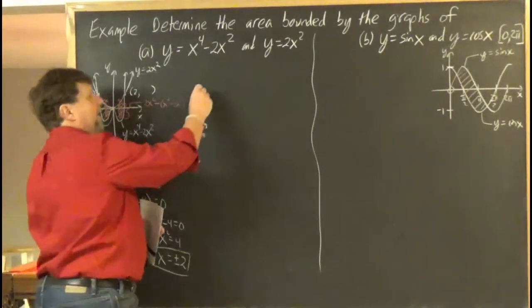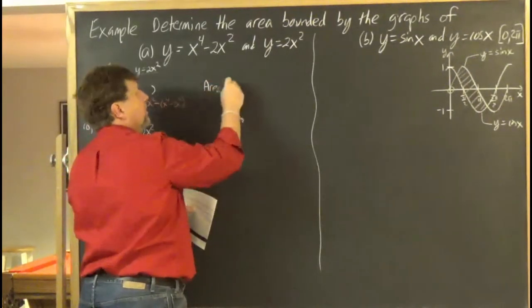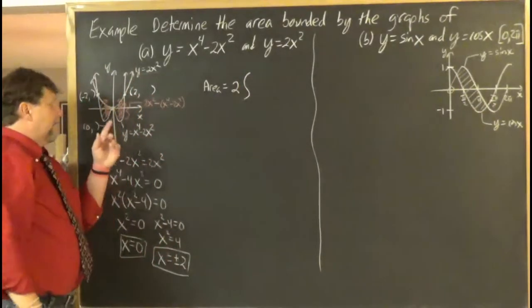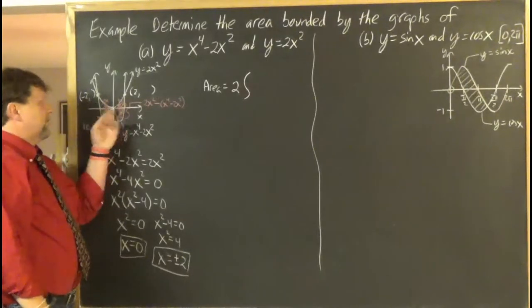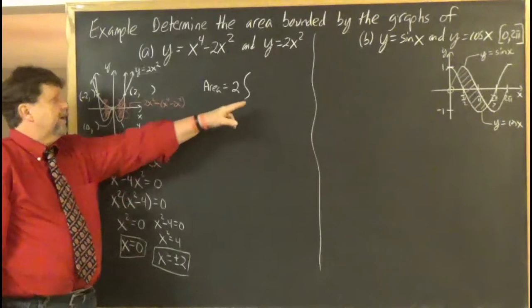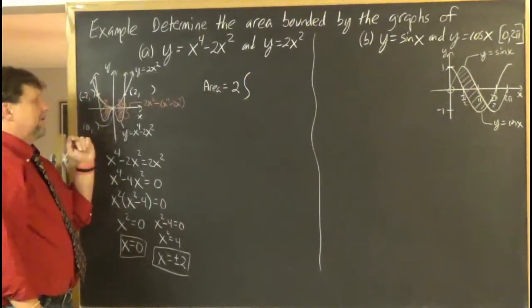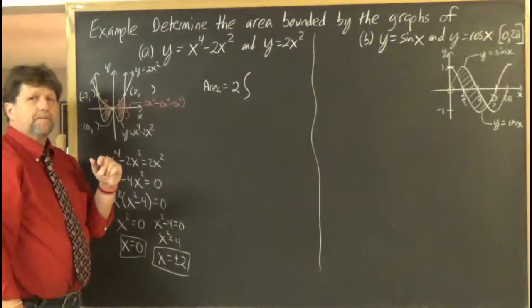So the area is equal to 2 times, I can find the area of this region and multiply it by 2 to get the total area. So I can either integrate from -2 to 0, or I could integrate from 0 to 2.